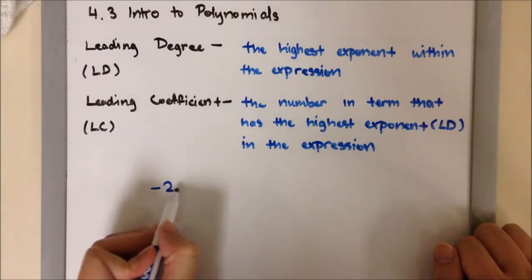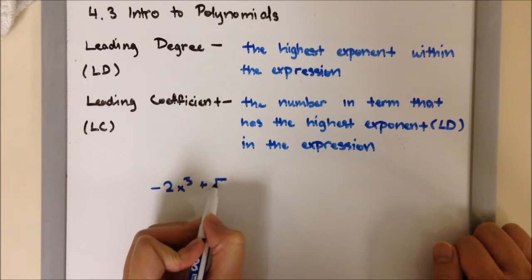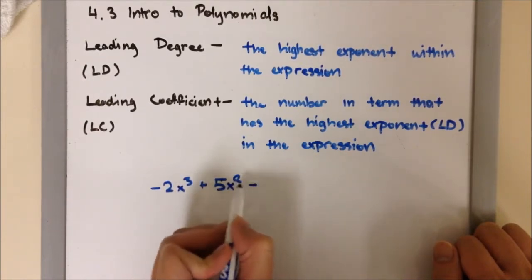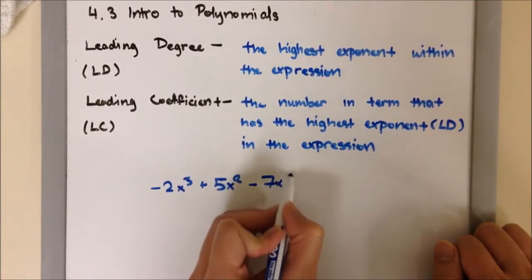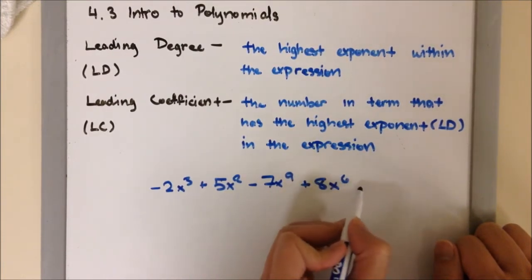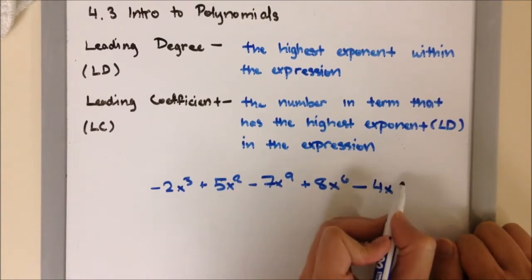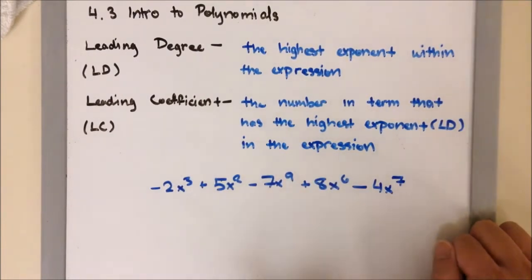So say I wrote an example. Negative 2x to the third plus 5x squared minus 7x to the ninth plus 8x to the sixth minus 4x to the seventh.